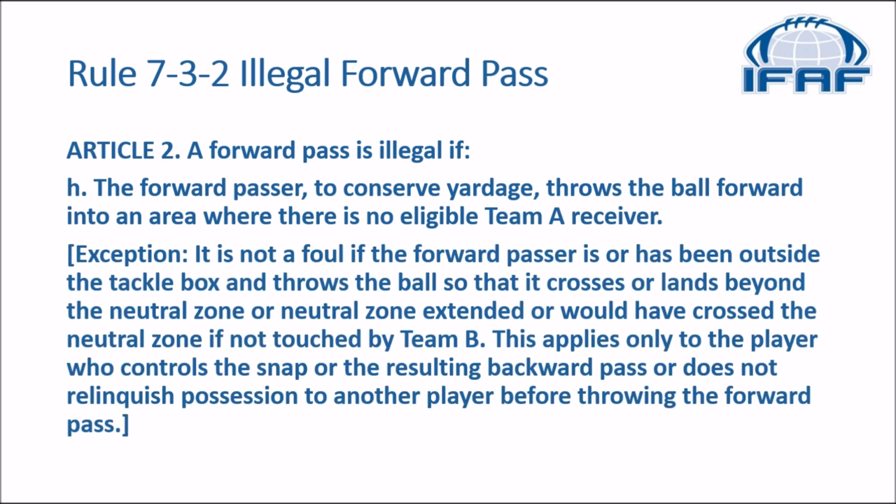And the exception to this is it is not a foul if the forward passer is or has been outside the tackle box and throws the ball so that it crosses or lands beyond the neutral zone or neutral zone extended, or would have crossed the neutral zone if not touched by Team B. This applies only to the player who controls the snap or the resulting backward pass, or does not relinquish possession to another player before throwing the forward pass.